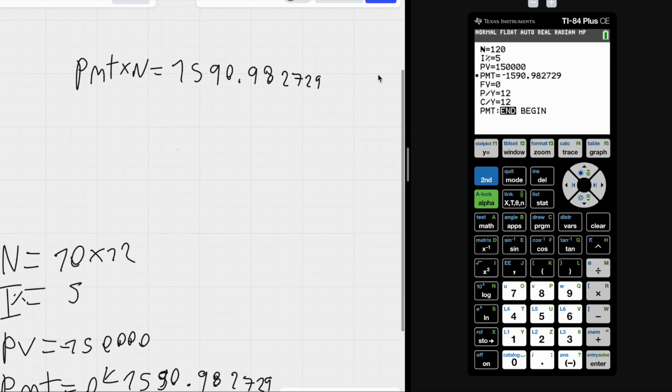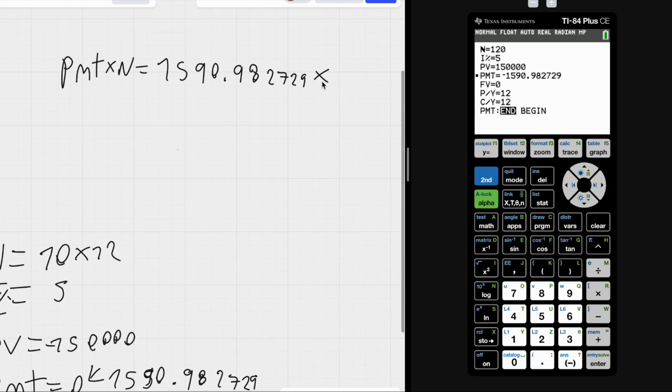1,590.98 times 10 times 12, which is 120.